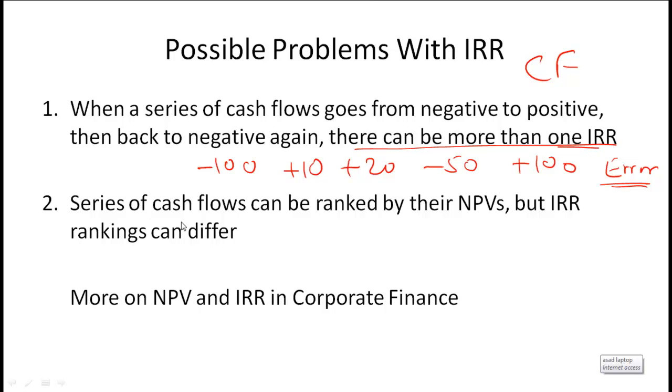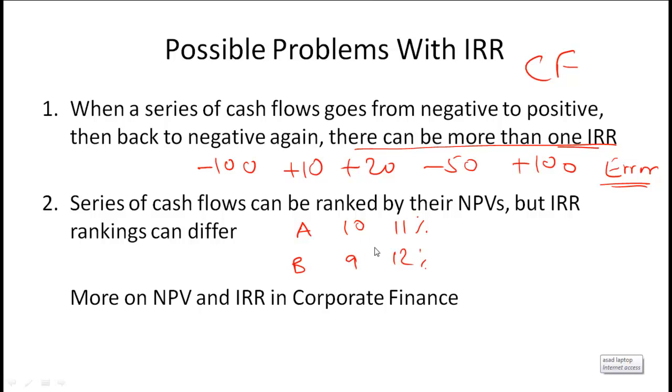Another possible issue is that if you are trying to rank projects, so let's say A and B, just rank 2 projects, it's possible that the NPV of A is greater than the NPV of B, but the IRR of B is greater than the IRR of A. So this is possible, and that creates a conflict.